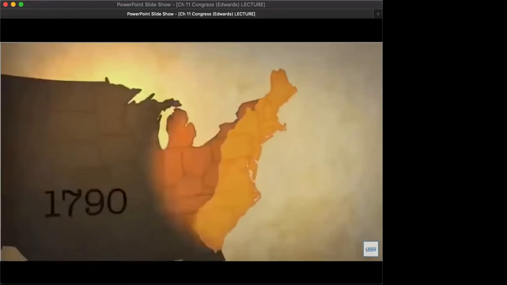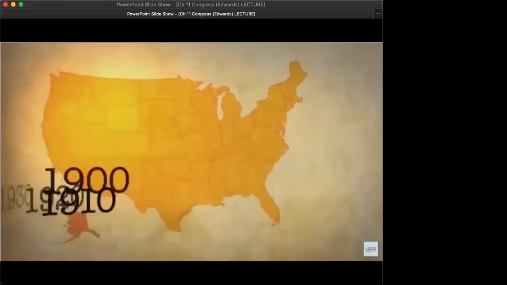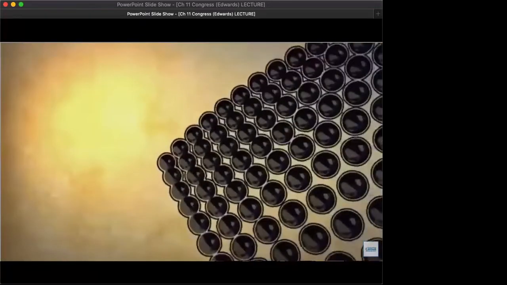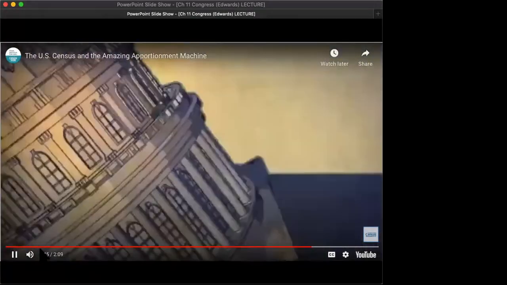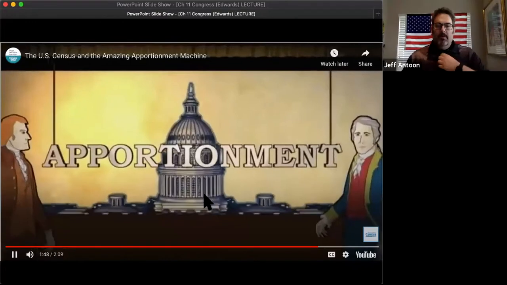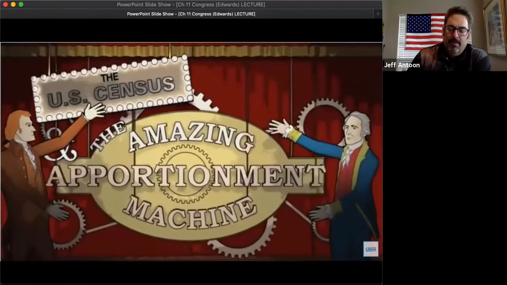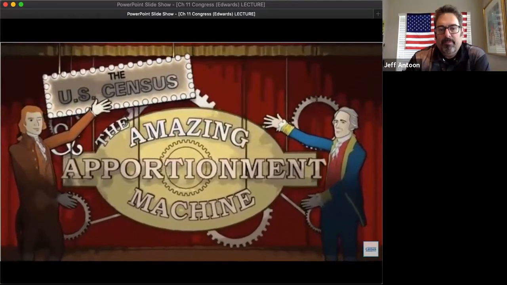Since the first census, the decennial count has been the basis for our representative form of government. And as our country grows, the apportionment process ensures equal representation for all, just like the Founding Fathers planned. Apportionment, another gift from our nation's founders, who transformed the census from a tool of government into a tool of empowerment for the people.